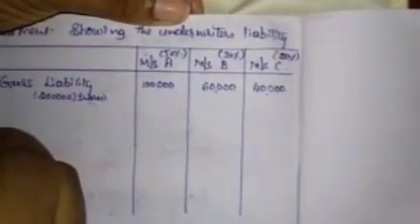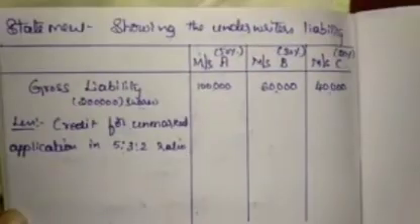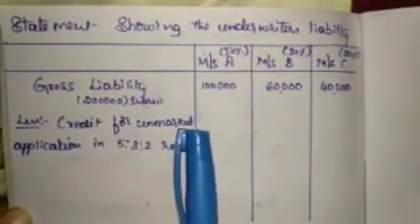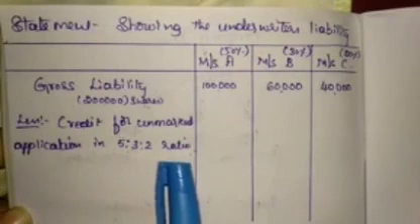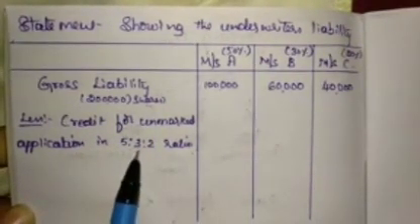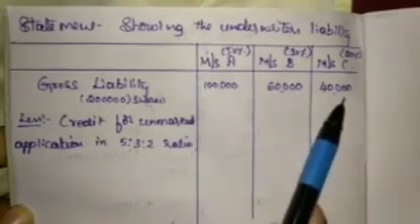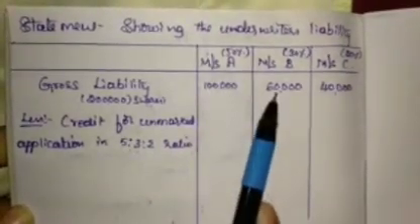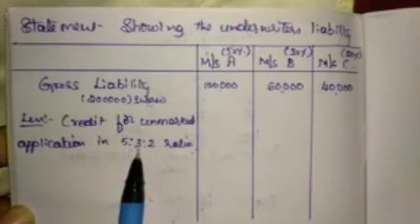From this we have to deduct, as per the specimen, credit for unmarked applications in the 5:3:2 ratio. How did you get this? This is based on their liability: 1 lakh is to 60,000 is to 40,000. We'll get this ratio.